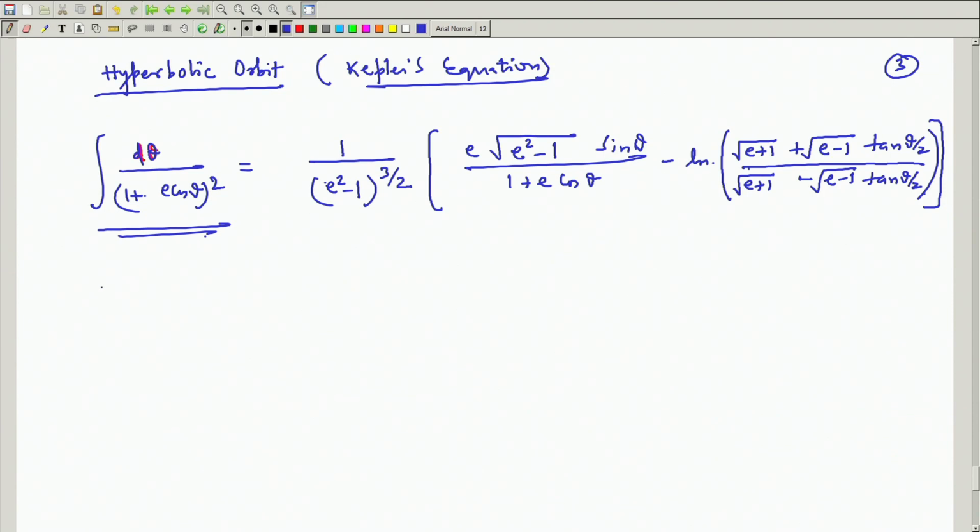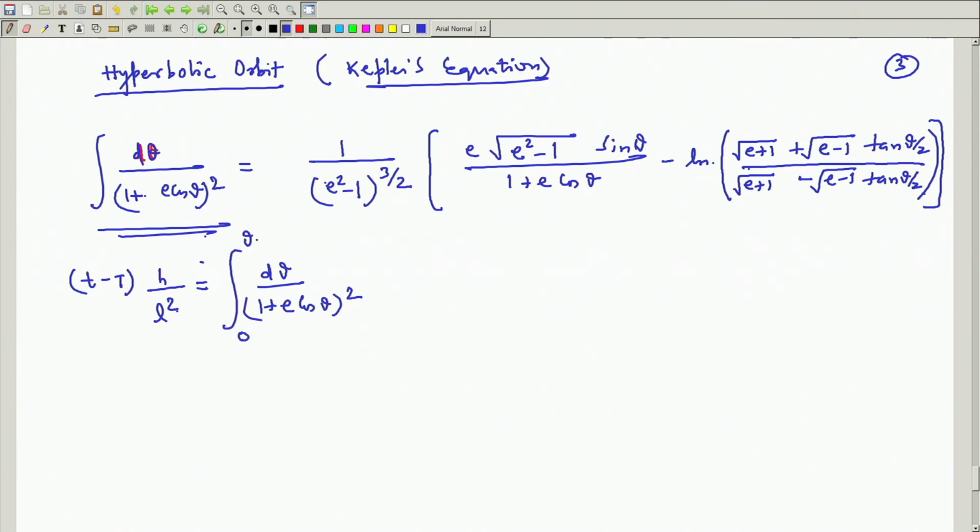Okay. So, now we have t minus t0 times h square, h divided by L square, equal to the integral of d theta by 1 plus E cos theta whole square, between 0 to theta.